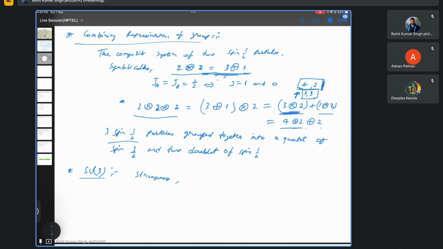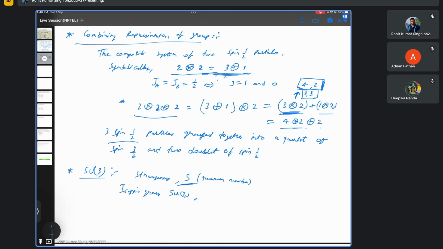So strangeness is another quantum number that was introduced, and so you have the isospin group SU2, and then you have to account for this strangeness also.